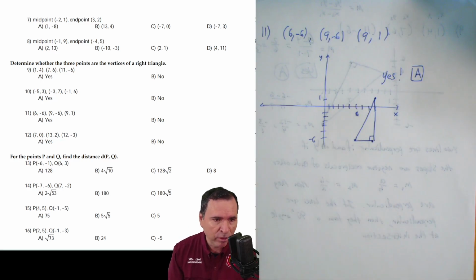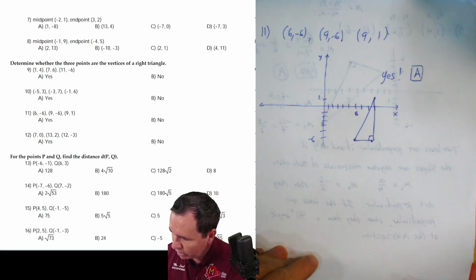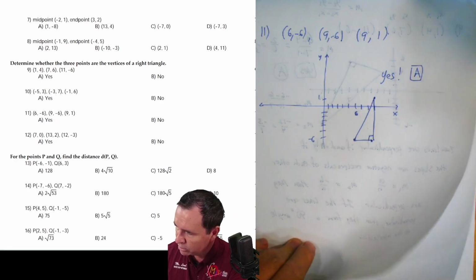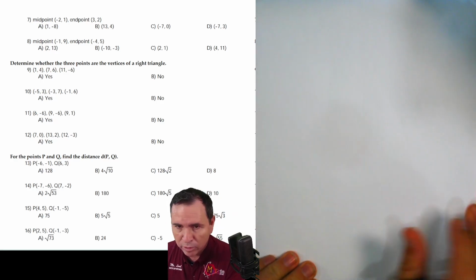All right, let's go to number 13. Find the distance between the points P and Q, DPQ, right? All right, so we're going to have to write a distance formula for this so that we know what we're doing.